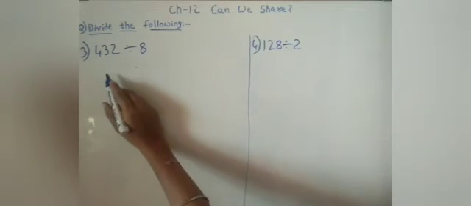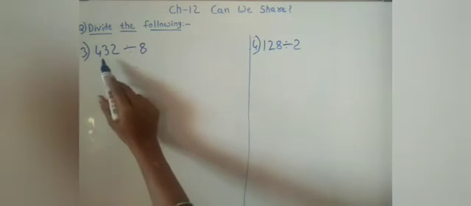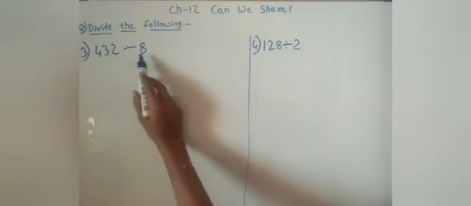Now let's look at another sum. 432 divided by 8. Here we have to divide the number 432 with 8.